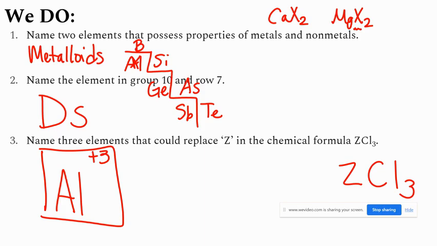So find another element that has a +3 charge in that location that is still a metal. It has to be a metal. Indium. Yep. Gallium. Boron? Nope, it has to be a metal. Rhodium. Yeah, probably. Yep, rhodium.